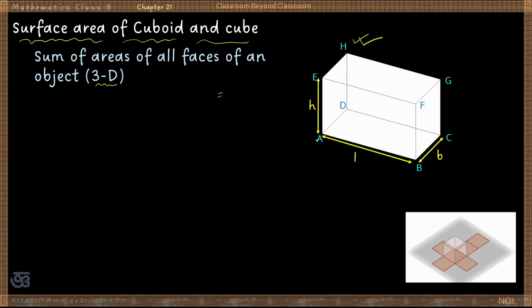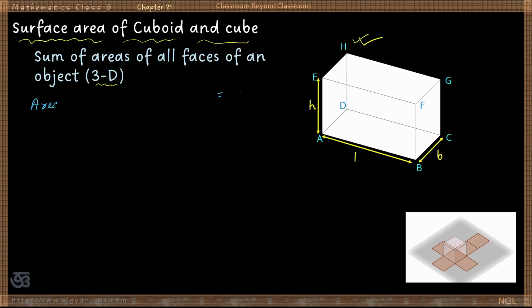And you can see that the bottom face ABCD is congruent or equal to the top face EFGH. So their areas are also equal.